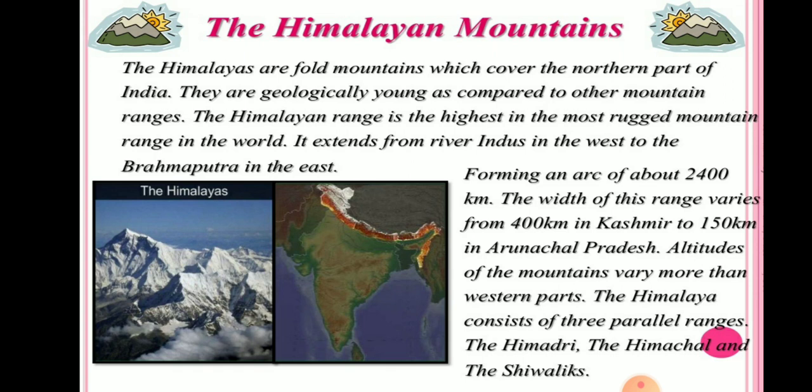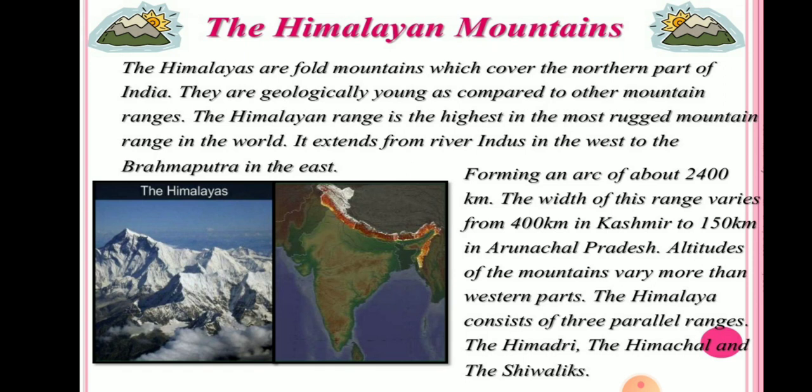It forms an arc shape about 2,400 kilometers long. The width of this range varies from 400 kilometers in Kashmir to 150 kilometers in Arunachal Pradesh. That means the width varies from west to east.